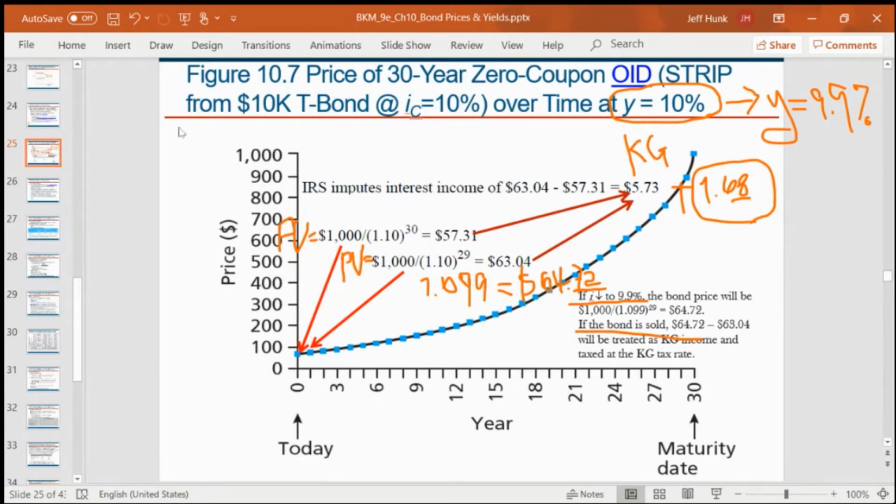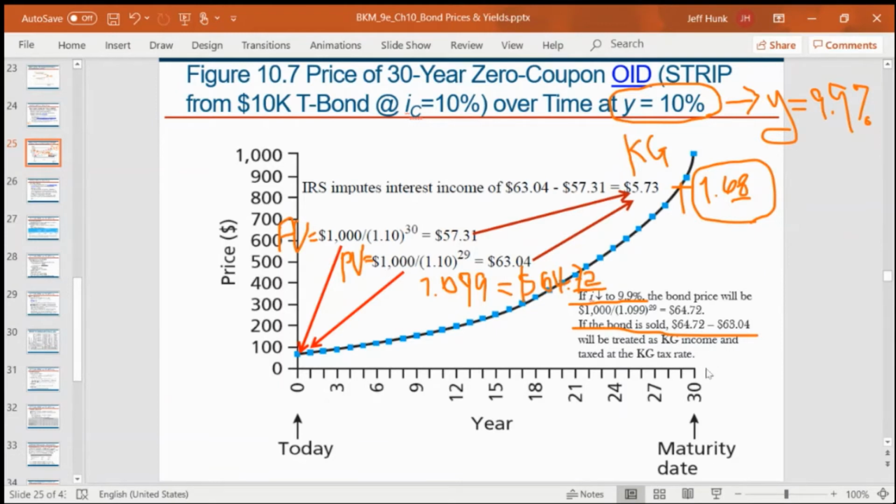If the bond is sold, what I'm trying to say is, if the bond is sold, this $1.68 will be treated as capital gains income and taxed at the capital gains tax rate.